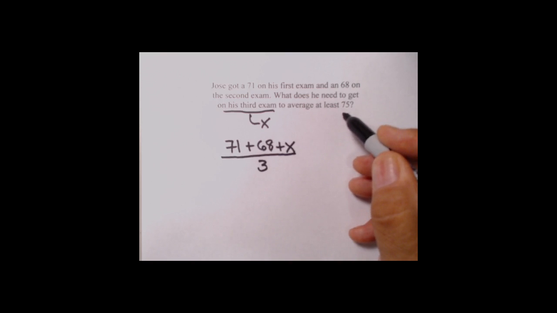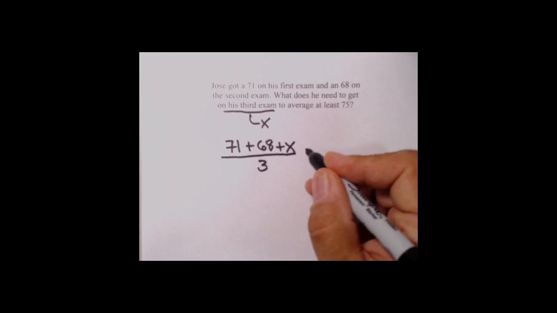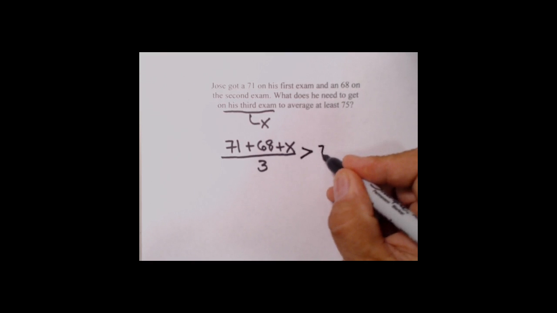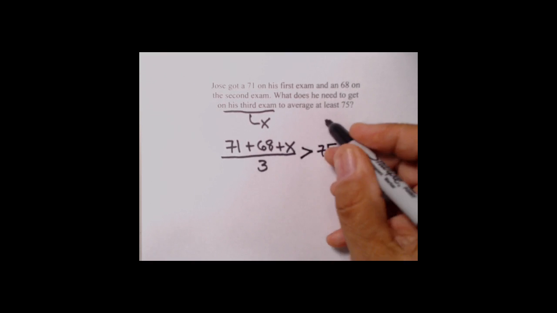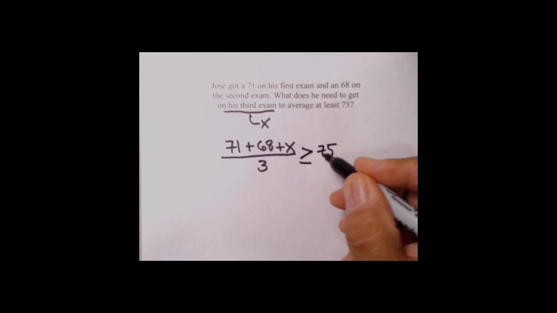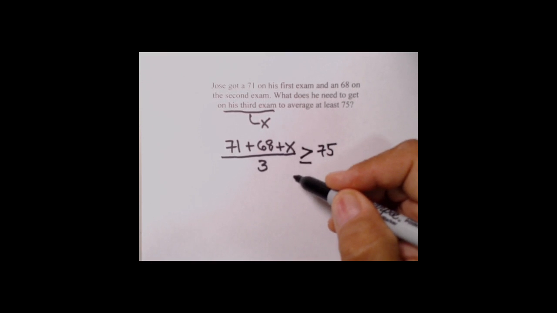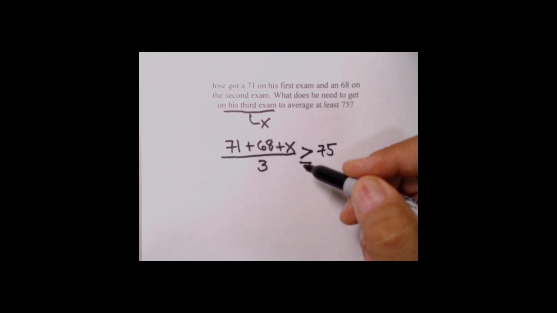Now, the average has to be at least 75, so that means 75 or greater. So this has to be greater than 75, and it can also equal 75. 75 is the least it can be. A higher average we're happy with. Okay, well, here's the thing that can be done with this.